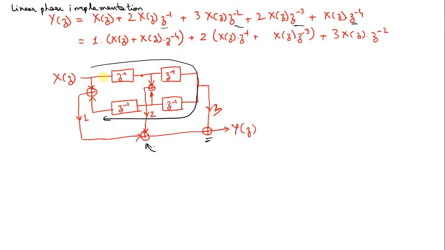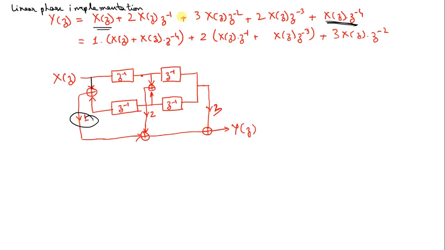Now what happens? You are having X(z), and Y(z) is the output. This one and this one have a multiplier of 1. So we are taking the outputs directly from X(z) and from z to the minus 4, and we are adding them followed by multiplication.